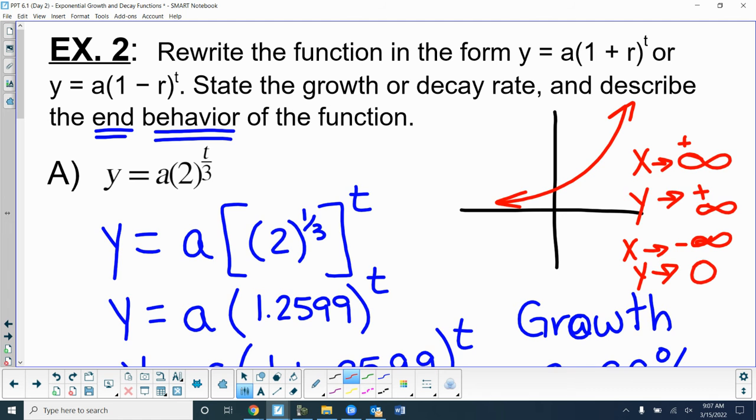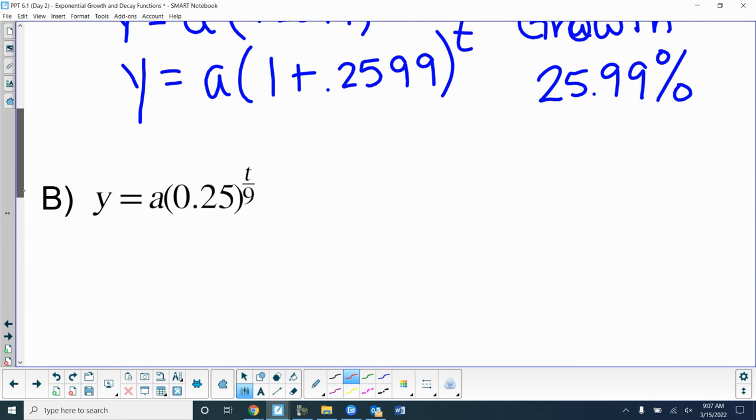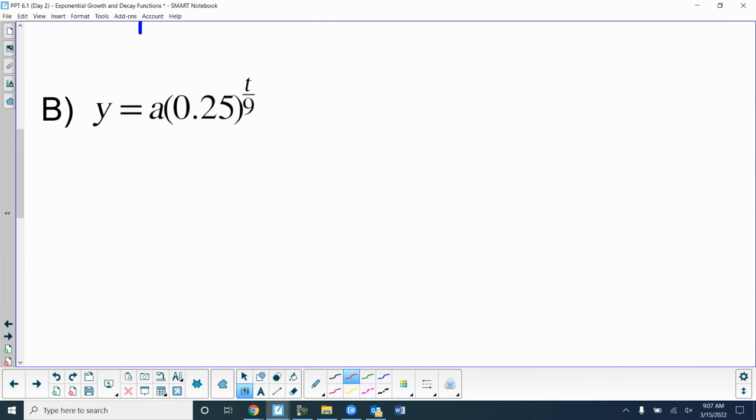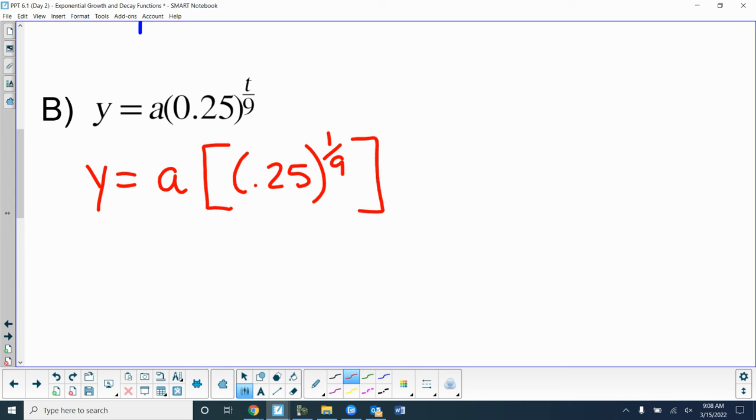One more. Let's look at one more, then we'll have homework. All right, so this one, we're going to go a and then 0.25. And you guys should be able to tell me if it's growth or decay. I thought I heard somebody say decay, right? That was AJ, right? All right.